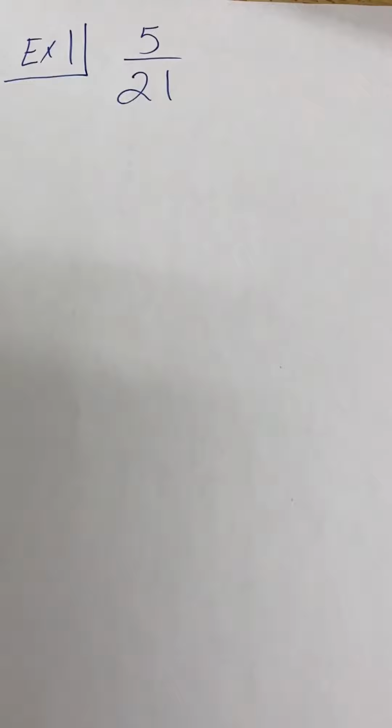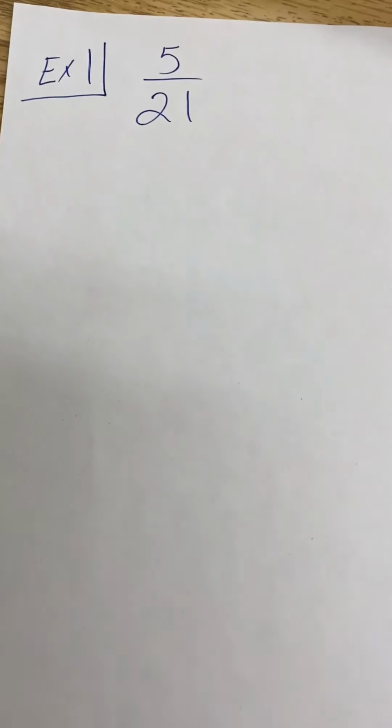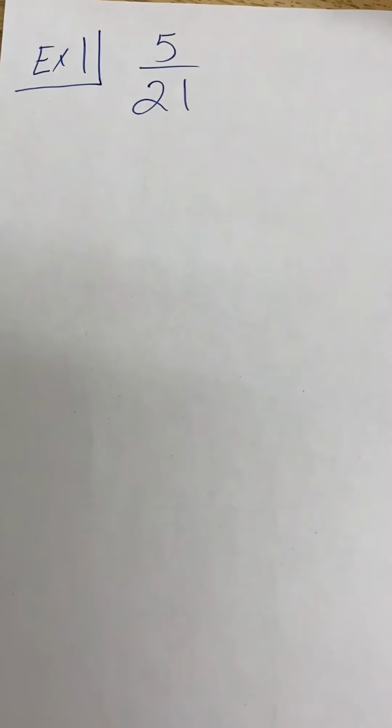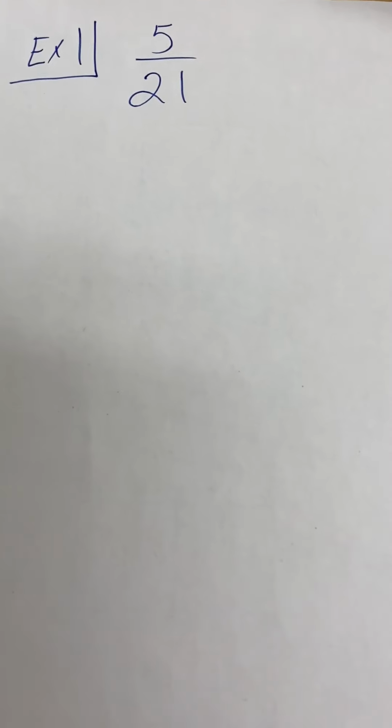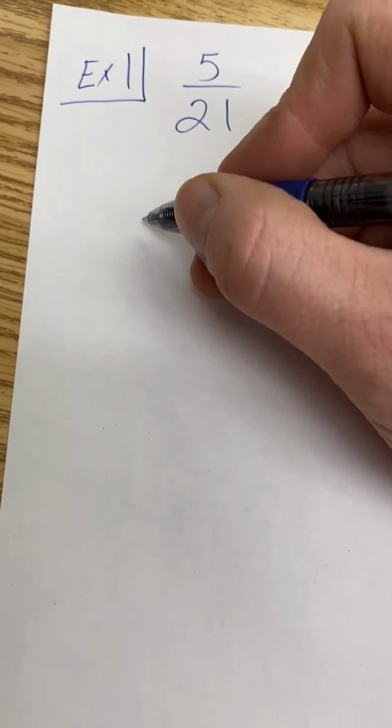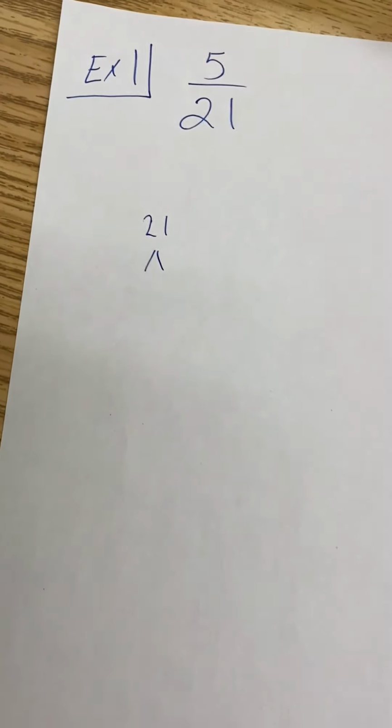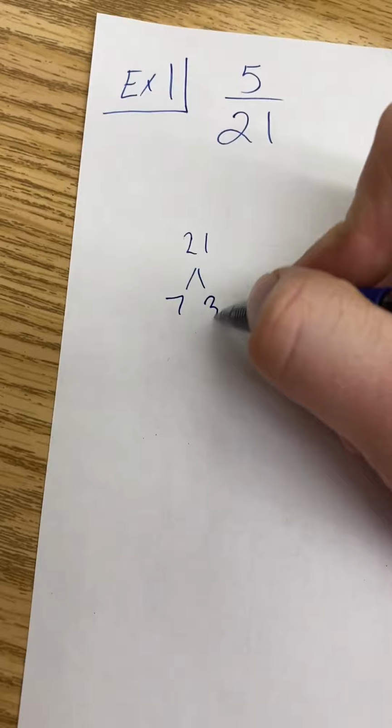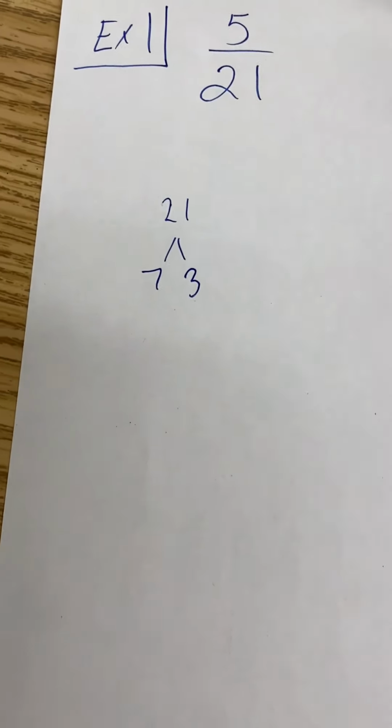And we've got 5/21. The idea here is that that could be broken up into the sum of two other fractions. For that to happen, the fractions would have had to have a common denominator of 21. And so we need to look at how we can break down 21 and get factors for it. Well, there's really only one way to do that. That's 7 times 3.